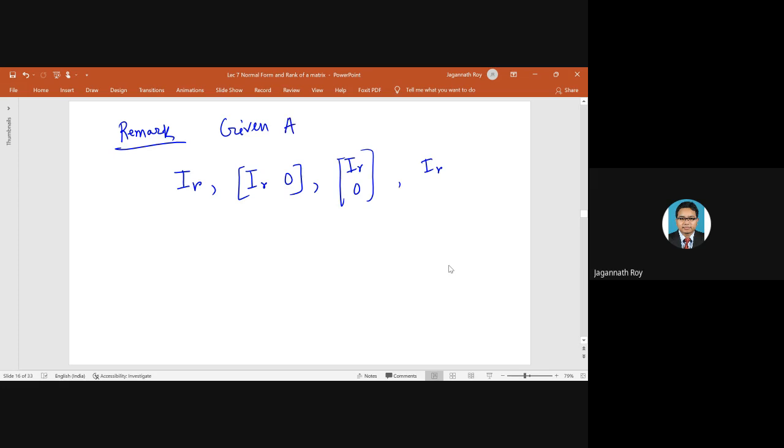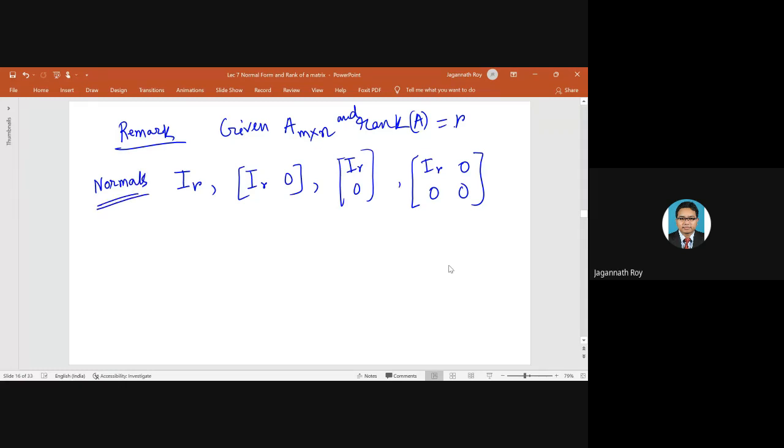Suppose this is an M by N matrix and the rank of A is R. Then we have these normal forms. These are normal forms.